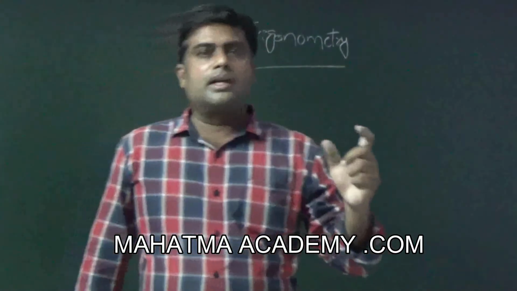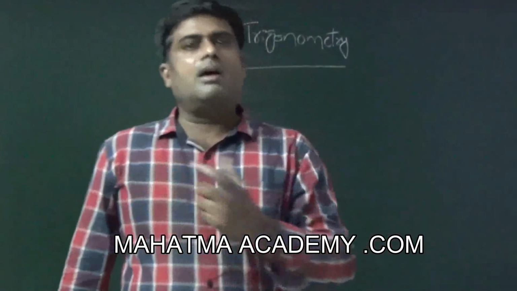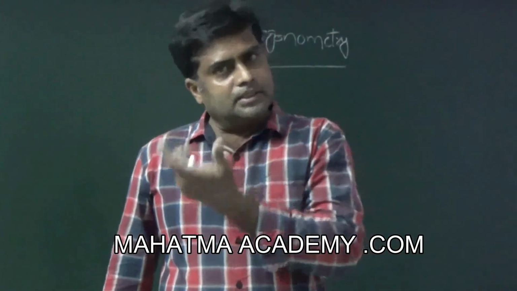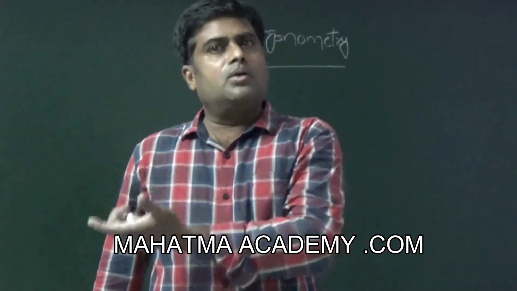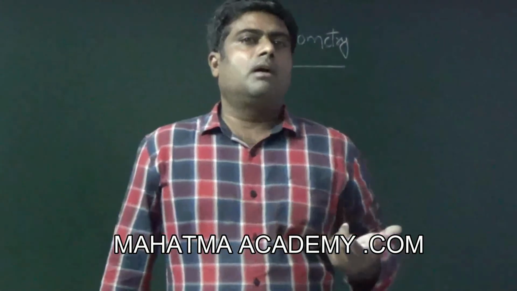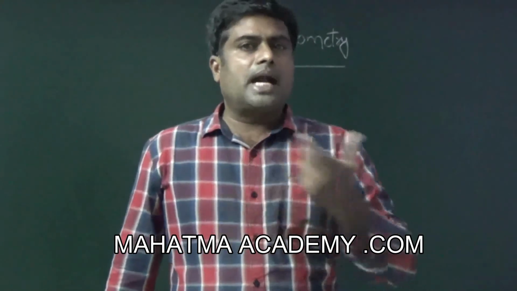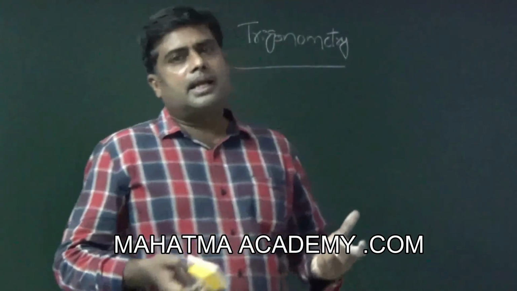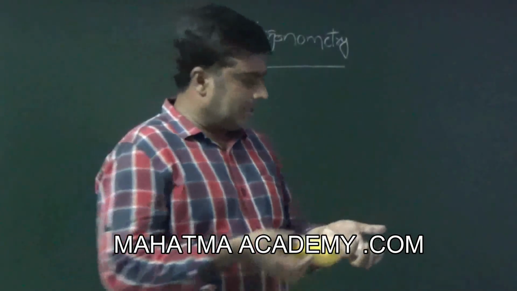Therefore, sin square A plus sin square B equals 1, or cos square A plus cos square B equals 1, or tan A tan B equals 1, and cot A cot B equals 1. From that we can solve the problems easily.